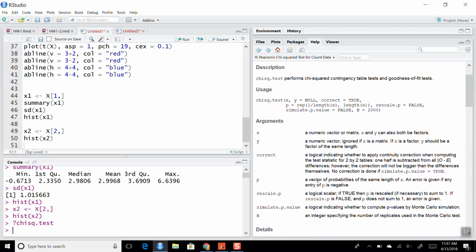But what we want is to provide a vector of probabilities, okay? And in that case, we have to give it p. So p is going to be the vector of probabilities, so you need to tell the chi-squared test, you're going to give it the vector of counts x, and then the vector p of probabilities, okay? So that's what we have.